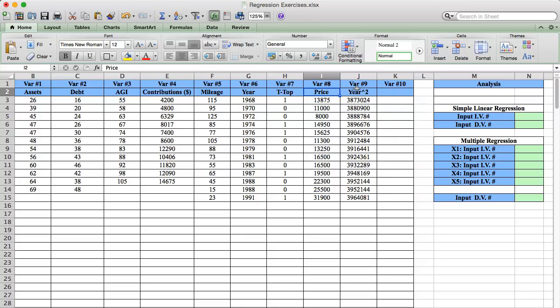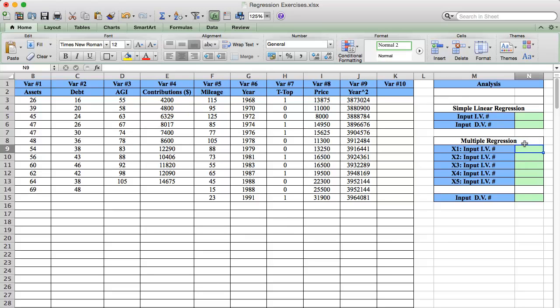And variable 9 is what we call a quadratic adjustment. This is the year squared. And even though that doesn't seem to make a lot of sense, we're going to take a quick look at how we might use that type of adjustment. So first of all, let's set up a multiple regression using x1 and x2, where x1 is mileage and x2 is the year.